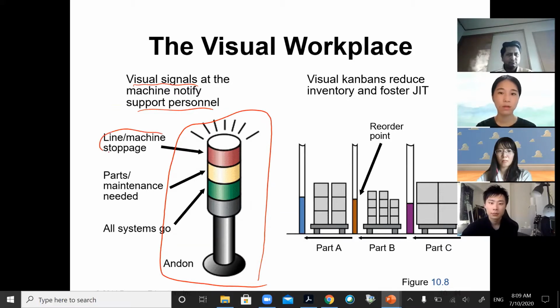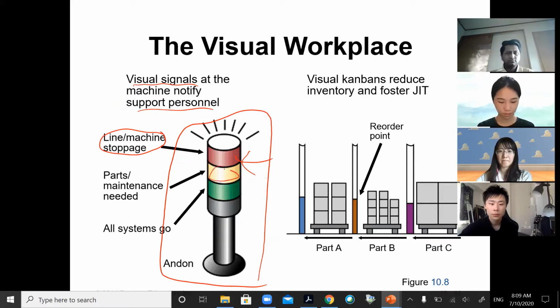If the machine is stopped, there will be a red light rotating and blinking. So it shows that the machine is having trouble. So that when the manager goes to the production line, he can know which station is stopping and he can take measures, okay?